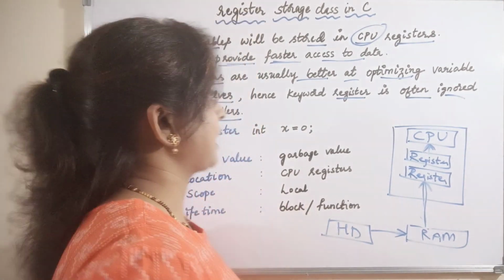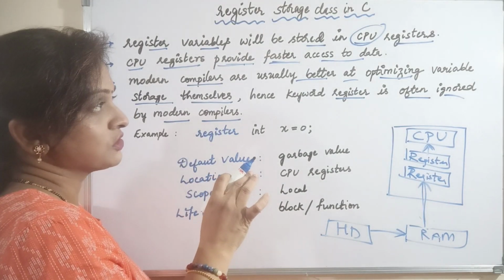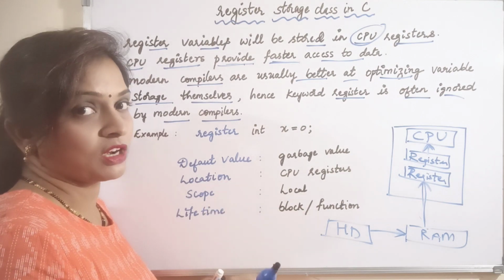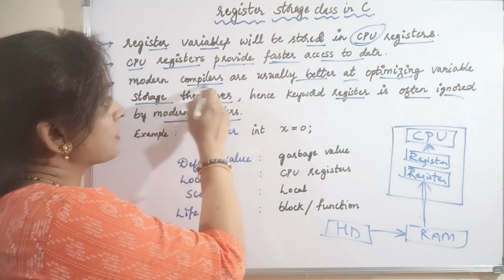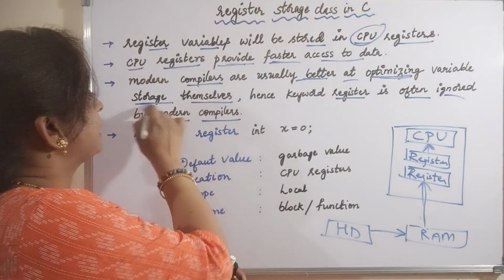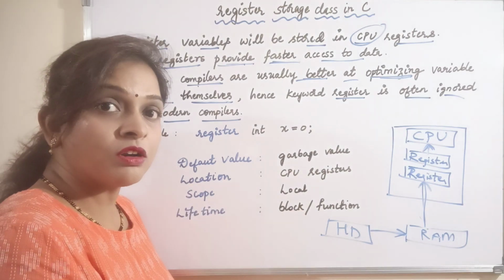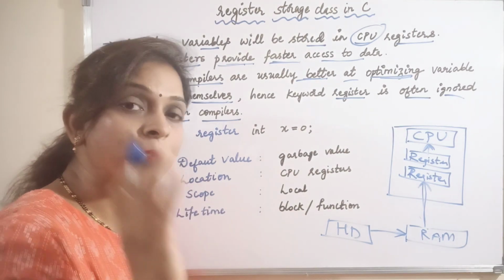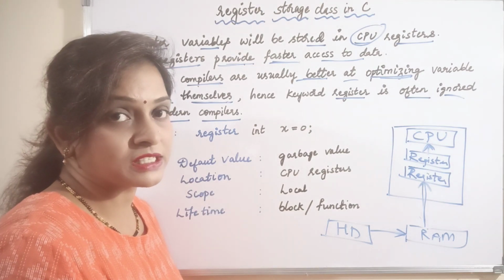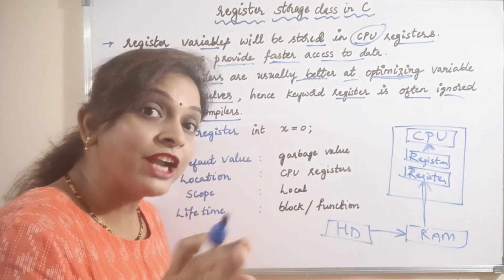So if it is available in registers itself, the CPU can easily access it. But to tell you one more thing about these registers, these register variables are not used with modern compilers. Modern compilers are usually better at optimizing the variable storage by themselves. The user need not say that it should be of register type or of auto type, all those things. The modern compiler itself decides where to store the data.